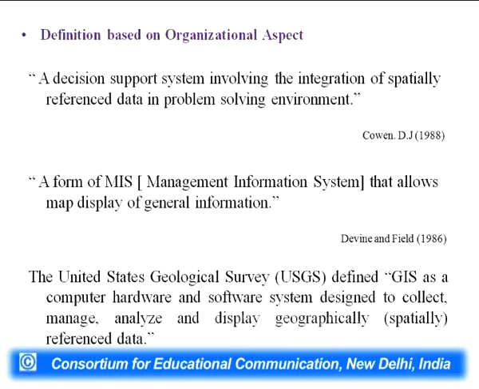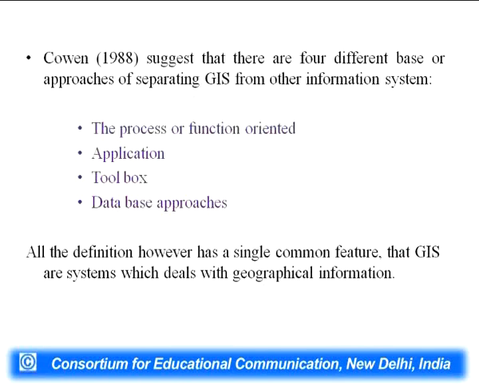The United States Geological Survey defines GIS as a computer hardware and software system designed to collect, manage, analyze and display geographically, spatially referenced data. So spatial reference is everywhere. Without this spatial reference, without the geographical reference, there is no GIS. Cowen suggests that there are 4 different approaches of separating GIS from other information systems.